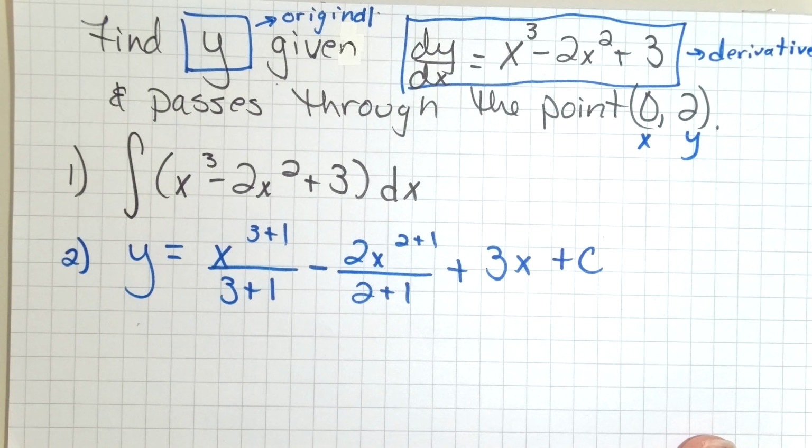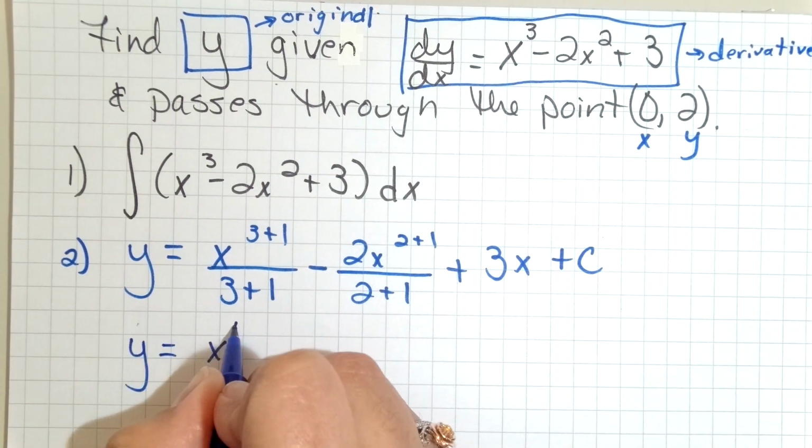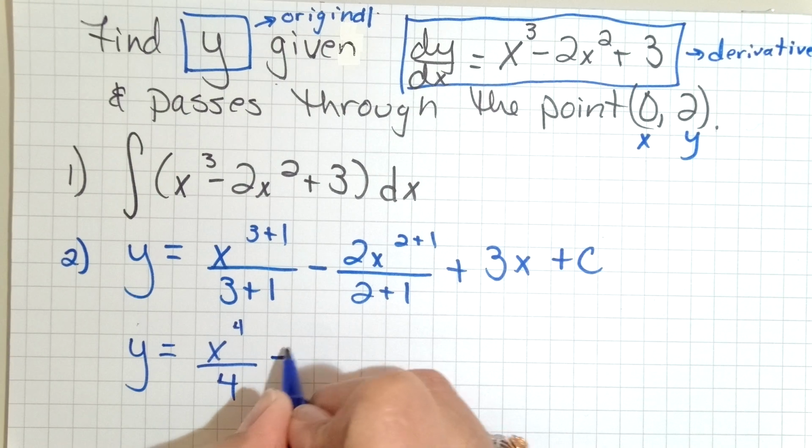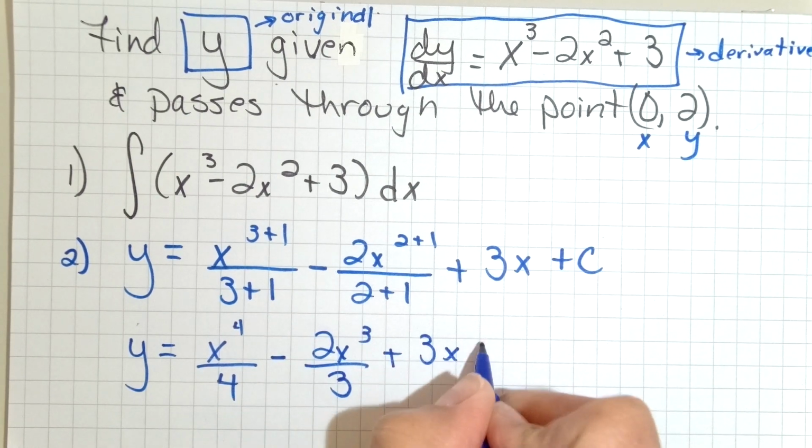Am I done? Have to simplify. Y equals x to the 4th over 4 minus 2x cubed over 3 plus 3x plus C.